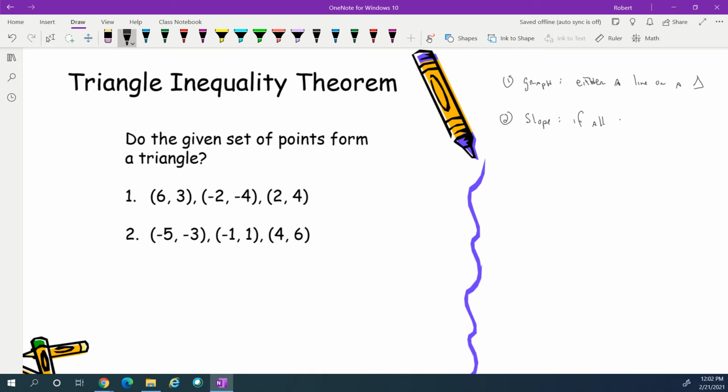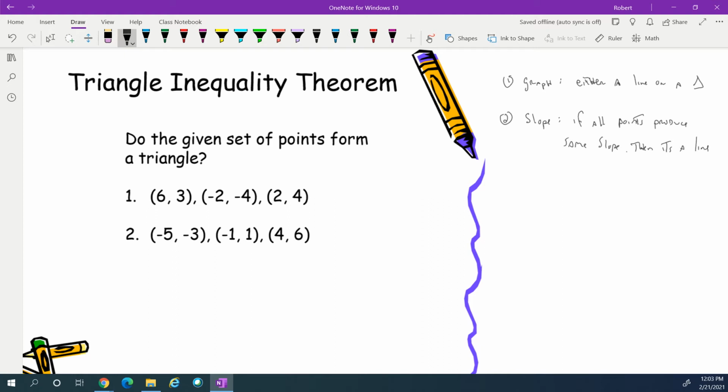If all points produce the same slope, then it's a line.